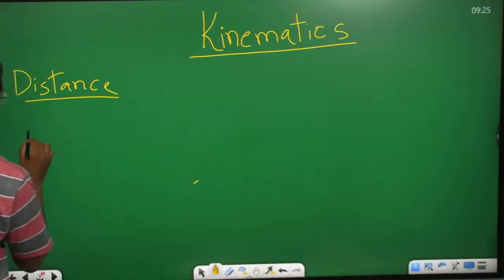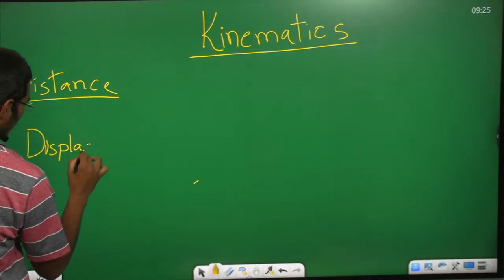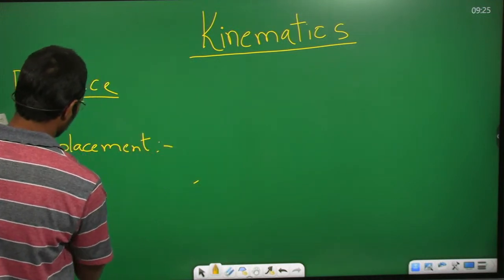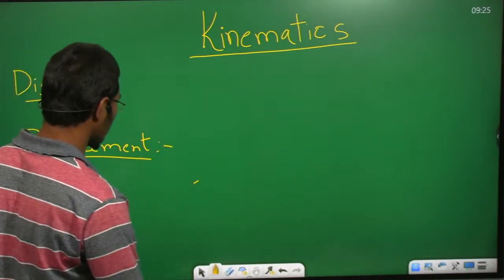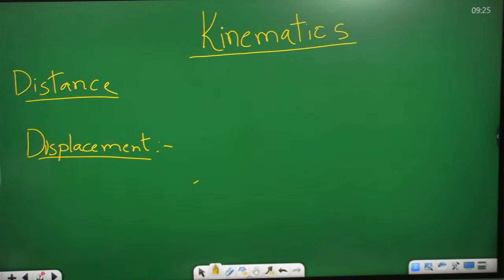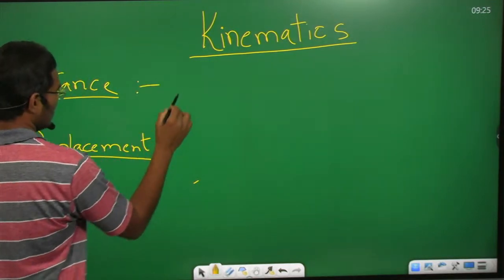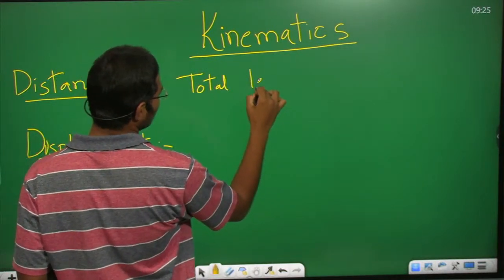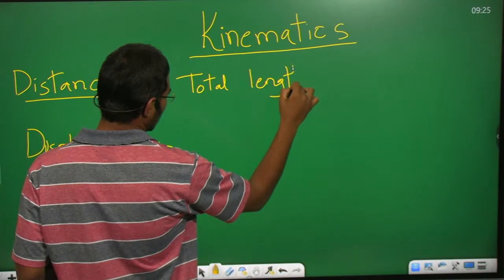So how do you differentiate distance and displacement? Are they the same? Are they different? This is total distance, total length. This is the shortest path.